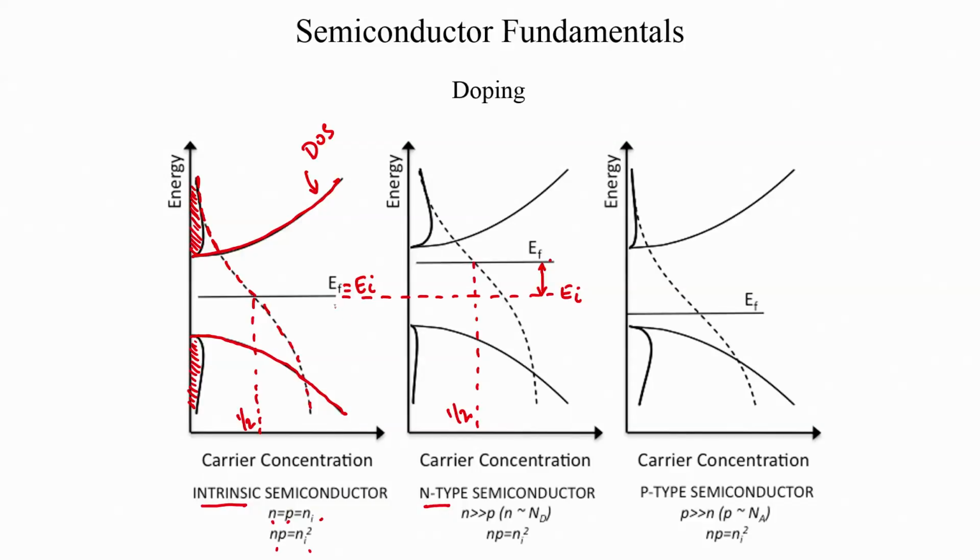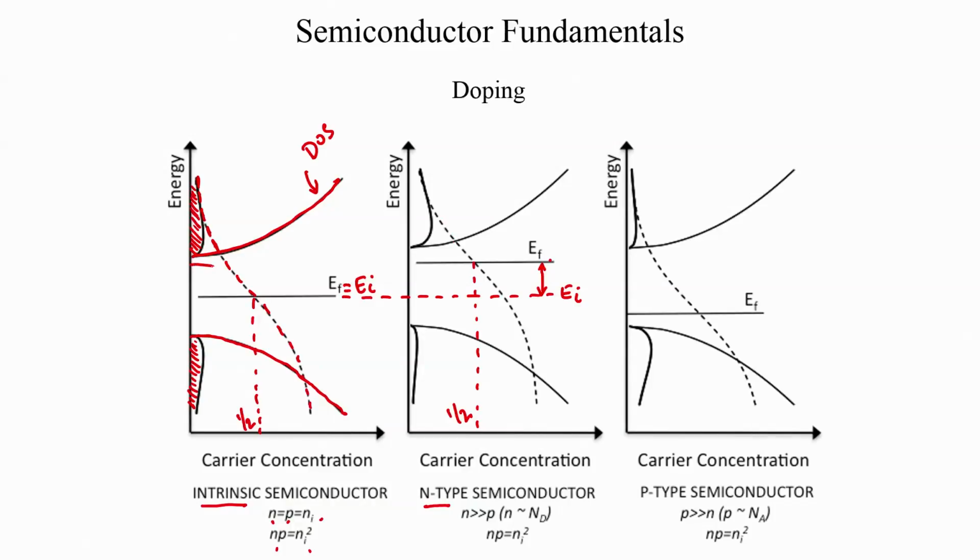Because earlier EF was equal to EI, and now EF is not equal to EI. So if you can imagine the Fermi function as having moved up a little, along with EF, then it is very clear to see that the probabilities here have now suddenly increased. The values which were initially very small.